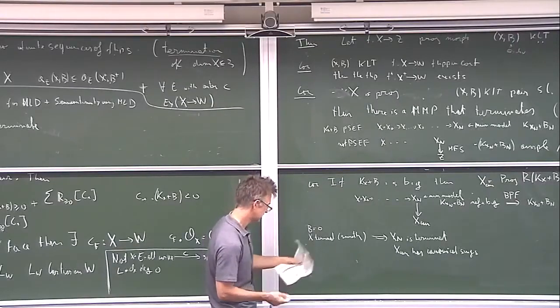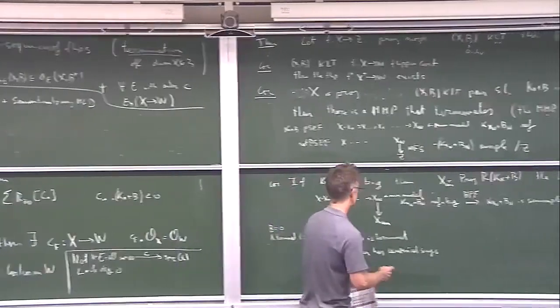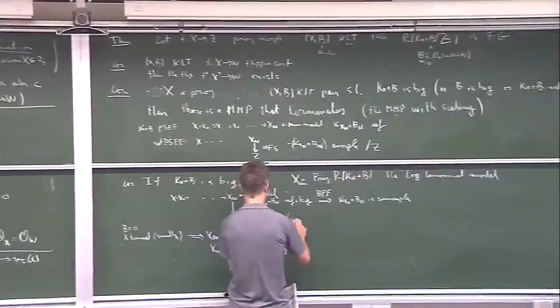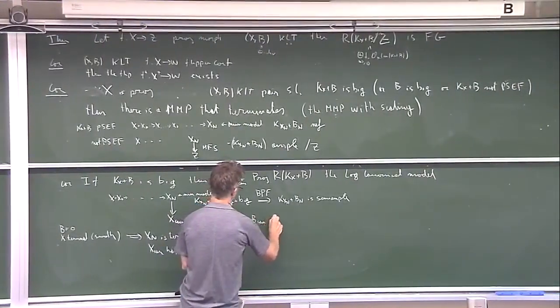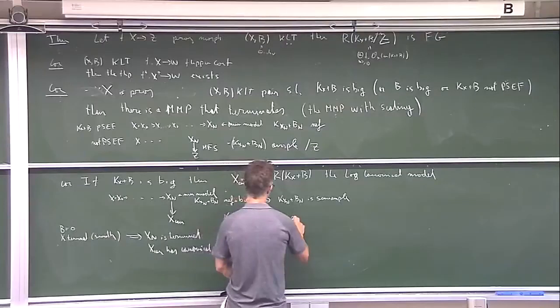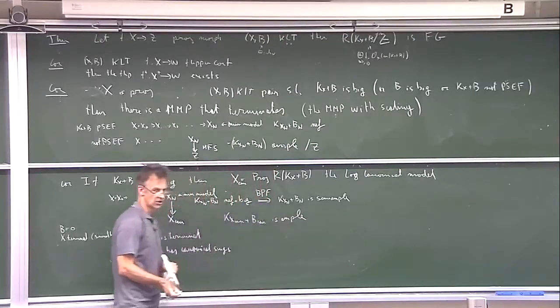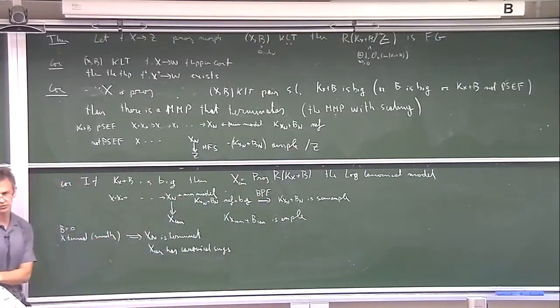So these canonical models have this beautiful feature that K_X canonical plus B canonical is ample. And so those are the objects that you want to use for trying to define a nice moduli space. Right?